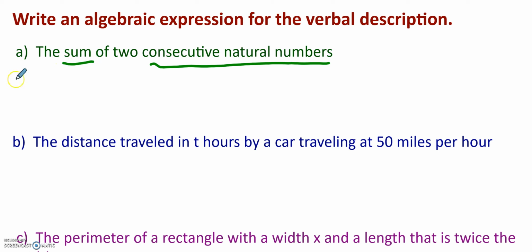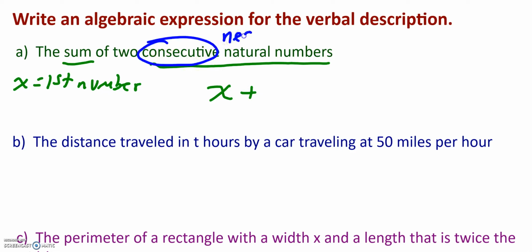So let's say that x represents the first number, or the first natural number. So we're going to be adding the first natural number to something else. Now, the word consecutive means the number directly next to it on the number line.